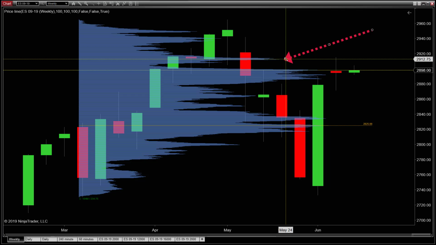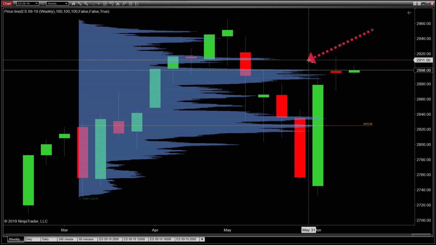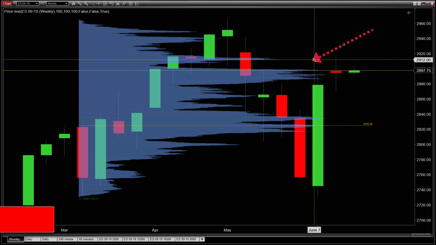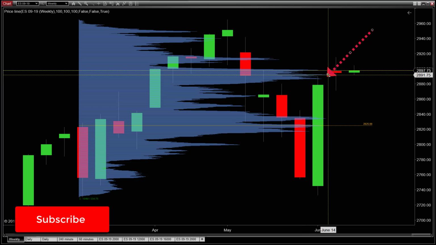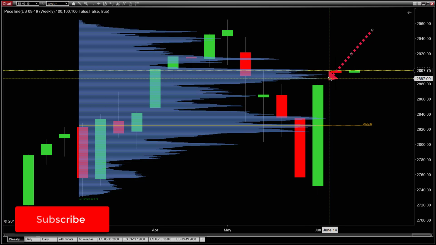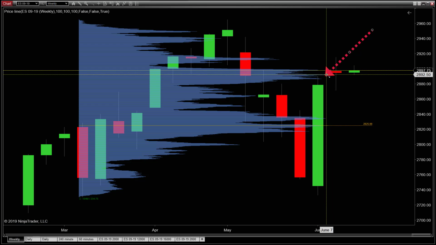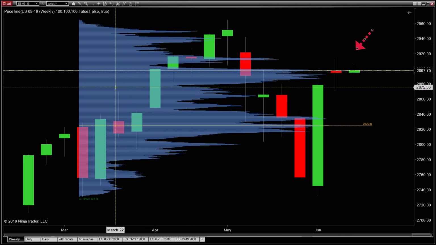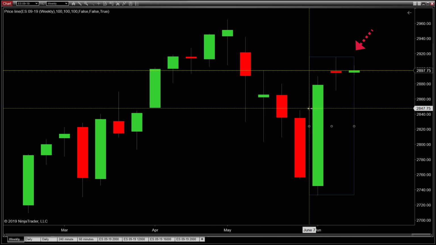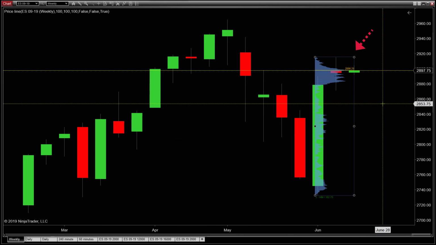The reason we look at volume at price is to see where the institutions and the algos are trading with each other. The areas that they're fighting over are likely to be places where price is going to turn. Hopefully that makes it a little bit easier.